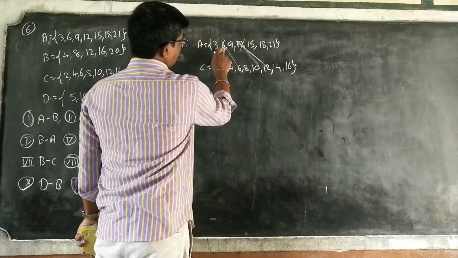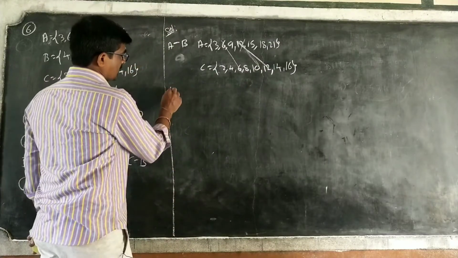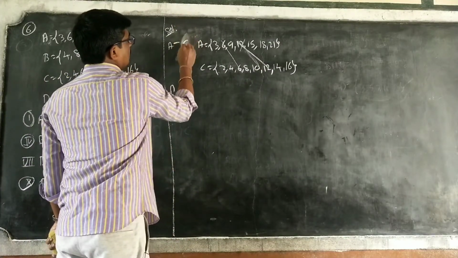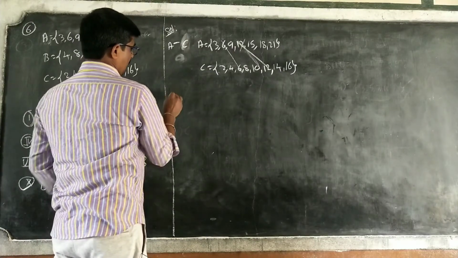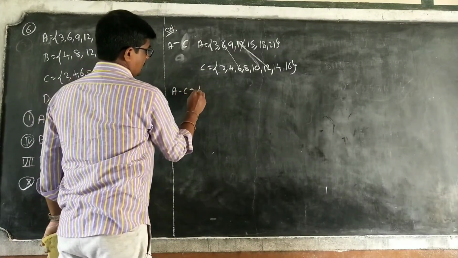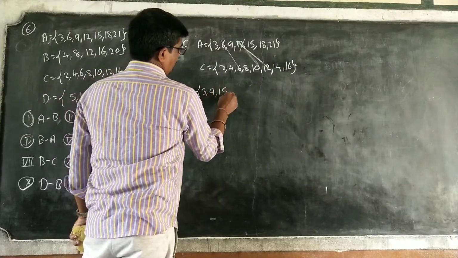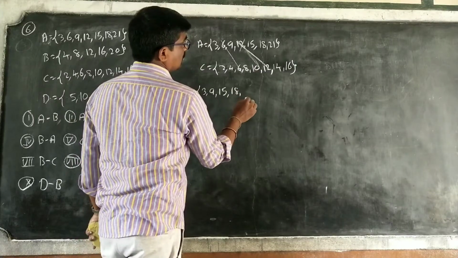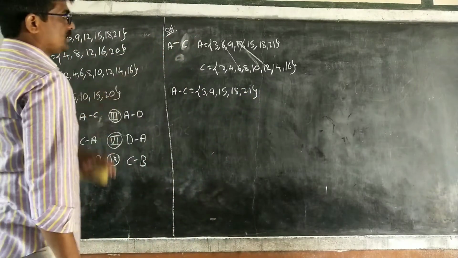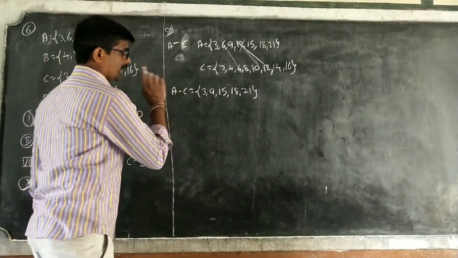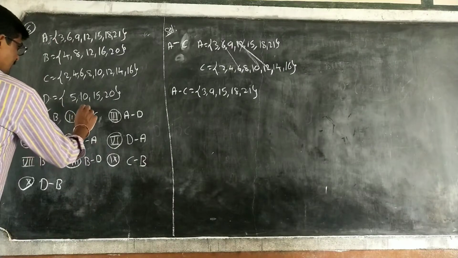I am removing both 6 and 12. So, next we are finding A minus C. A minus C is equal to 3, 9, 15, 18 and 21. That is A minus C.